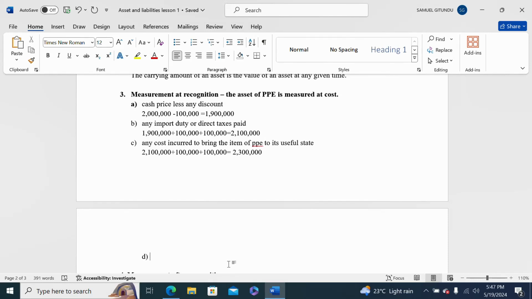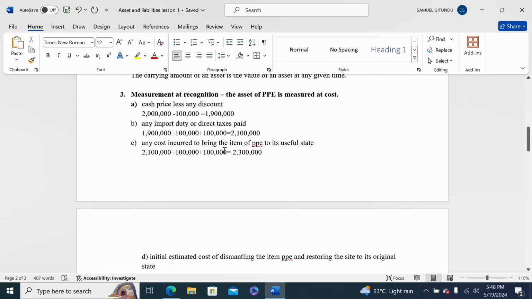The final element of the cost which is recognized, or which is added, or which is a part of the cost of property, plant, and equipment during the initial stage, or during the measurement and recognition, is the initial estimated cost of dismantling the item of property, plant, and equipment, and restoring the site to its original state.